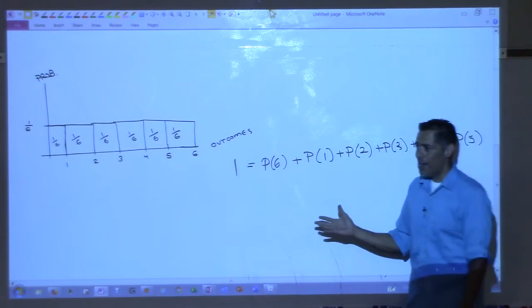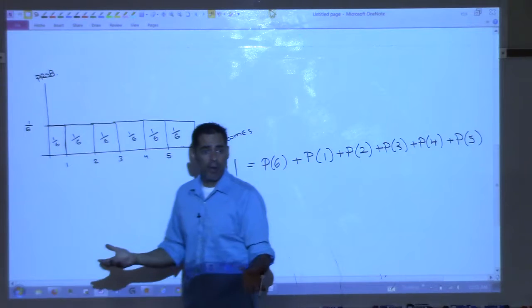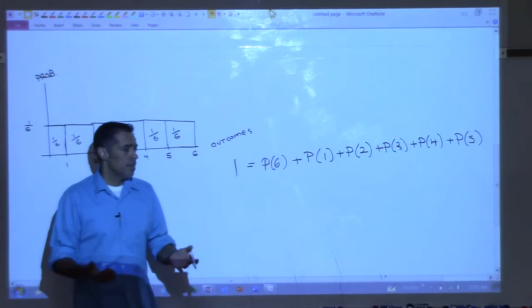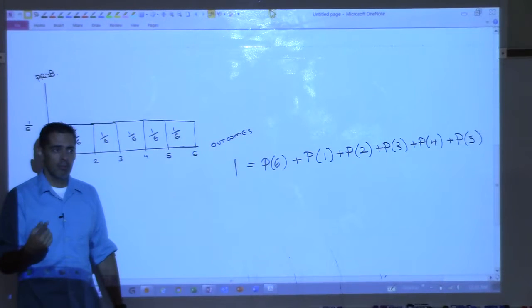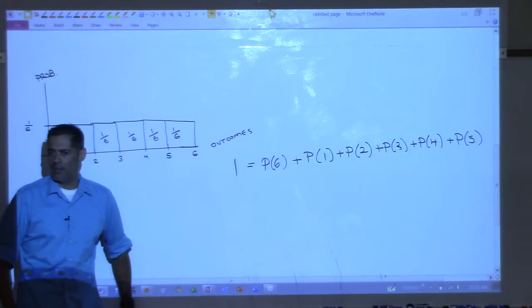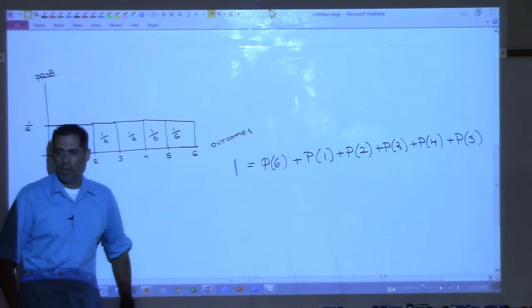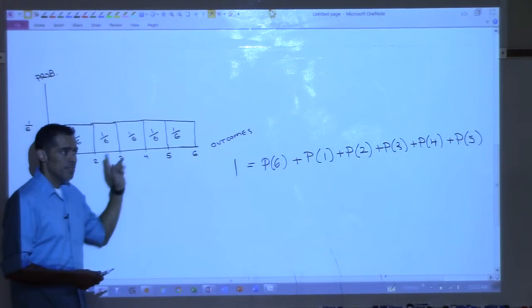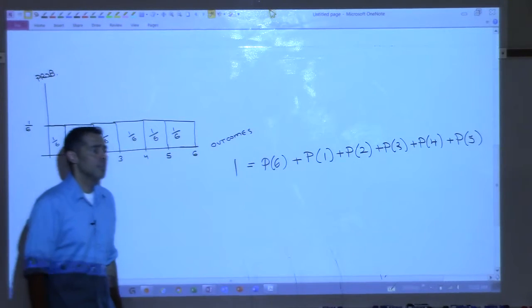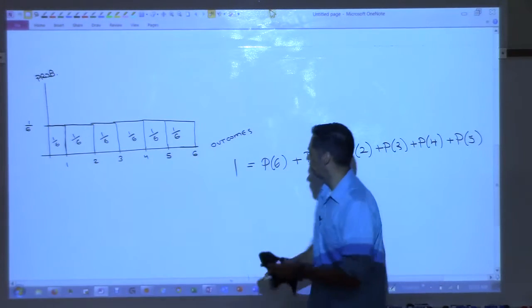If it's rolling a die or any other experiment, the sum of all probabilities has to be 1 because, well, is that obvious or is that not obvious? You have an experiment that only has so many outcomes.